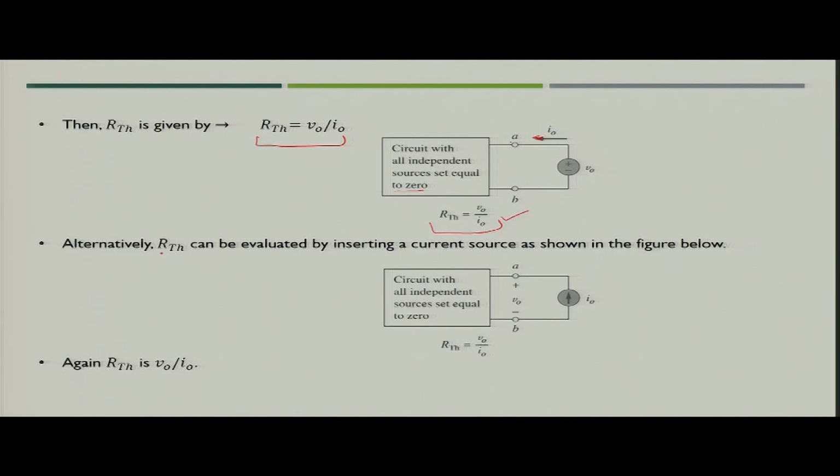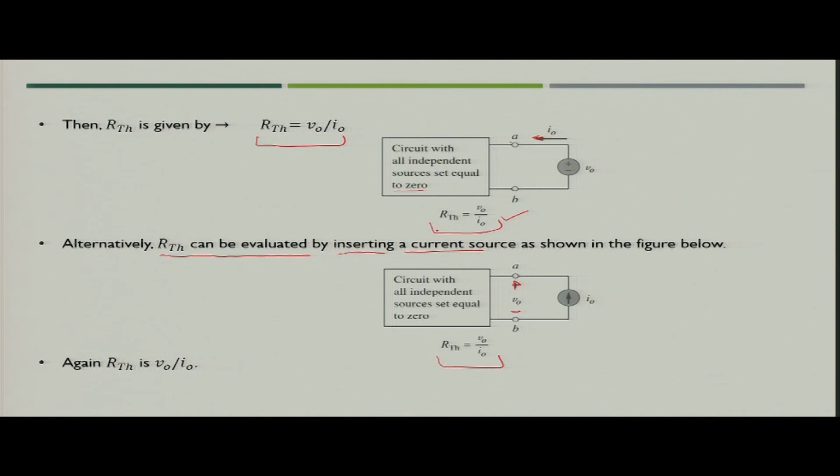Now, alternatively Rth can also be evaluated by inserting a current source. So, instead of a voltage source, if you apply a current source, you will measure the voltage across these two terminals, and you will again get the value of Rth as V naught upon I naught.